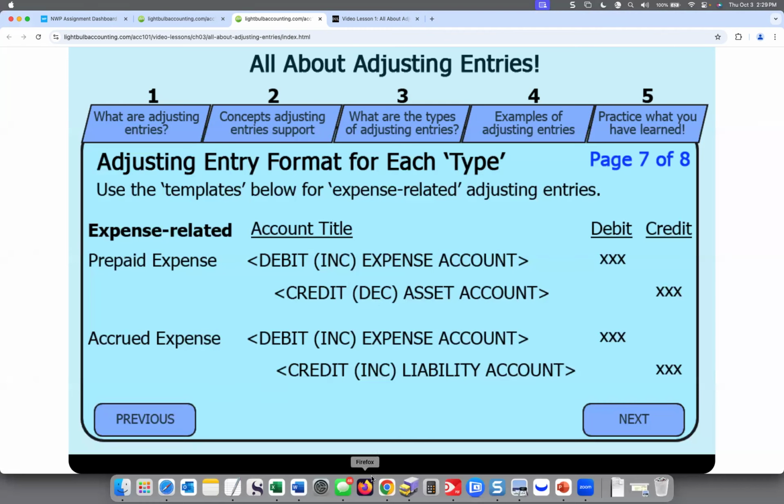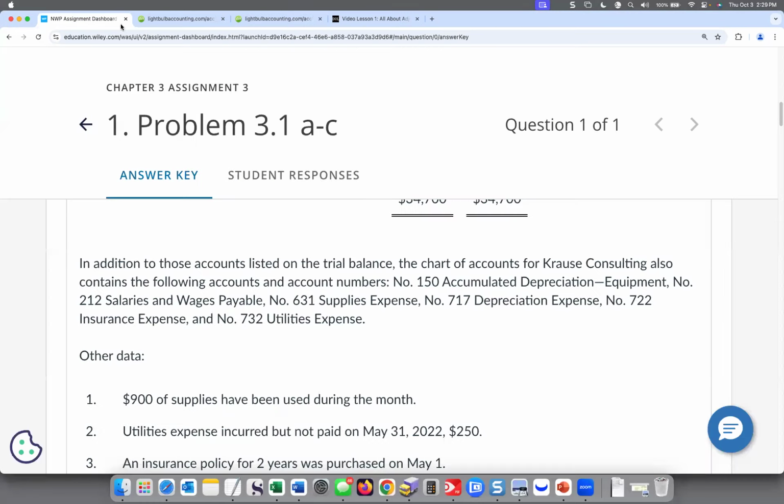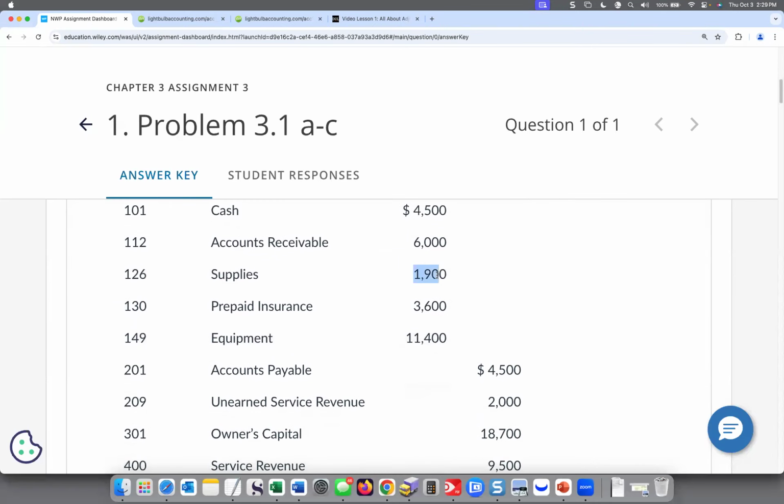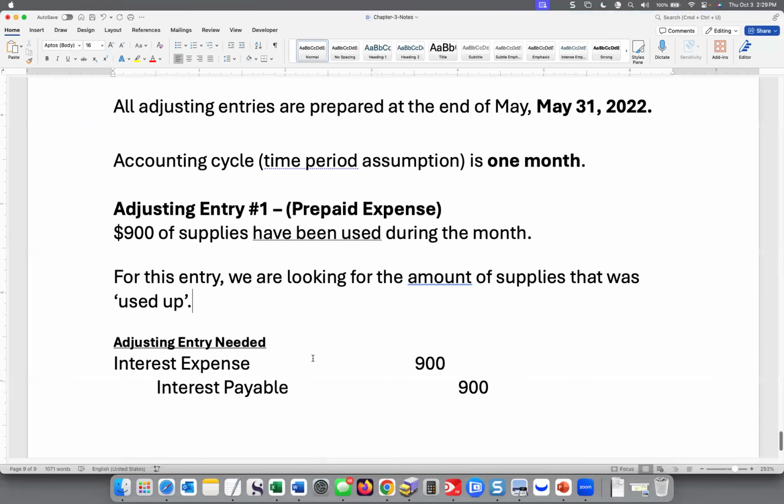Because if I go back to the problem, way up here, the supplies account has a balance of 1,900, right? But after we realized that we have 900 supplies used, do we really have 1,900? No, we're down to 1,000 at that point. So we've got to take 900 off this balance to bring it down to what we have left over. All right. And that is what you do in the adjusting entry.